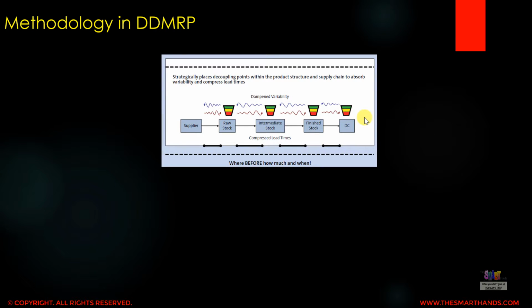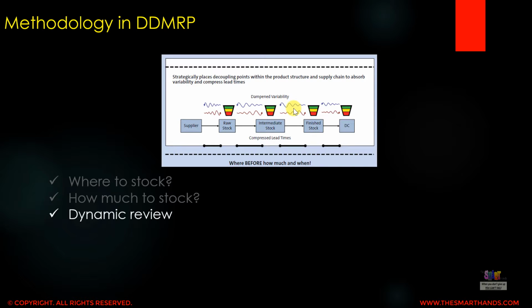Now we'll talk about the methodology in DDMRP. If you look at this picture, as we discussed earlier, we maintain the buffers or stock levels at different points, basically the critical points. With the methodology we use here, we need to identify where to stock and how much to stock.